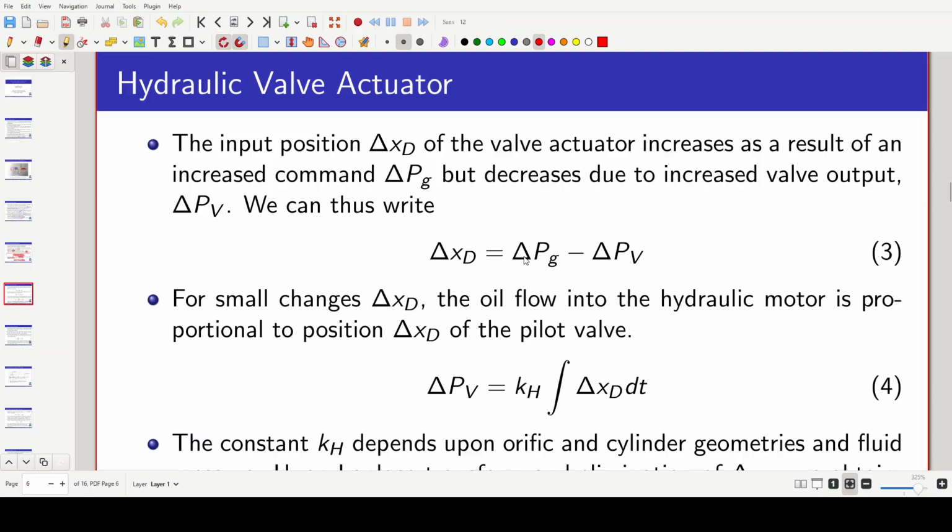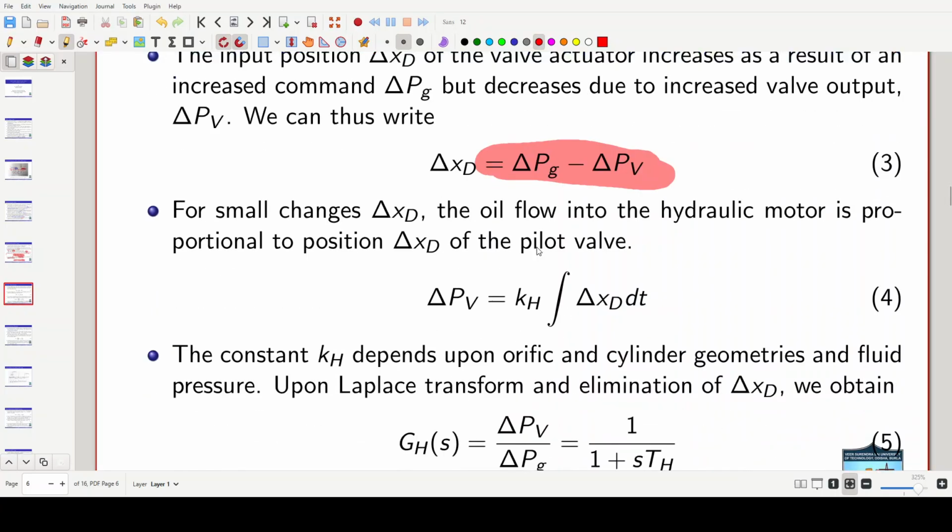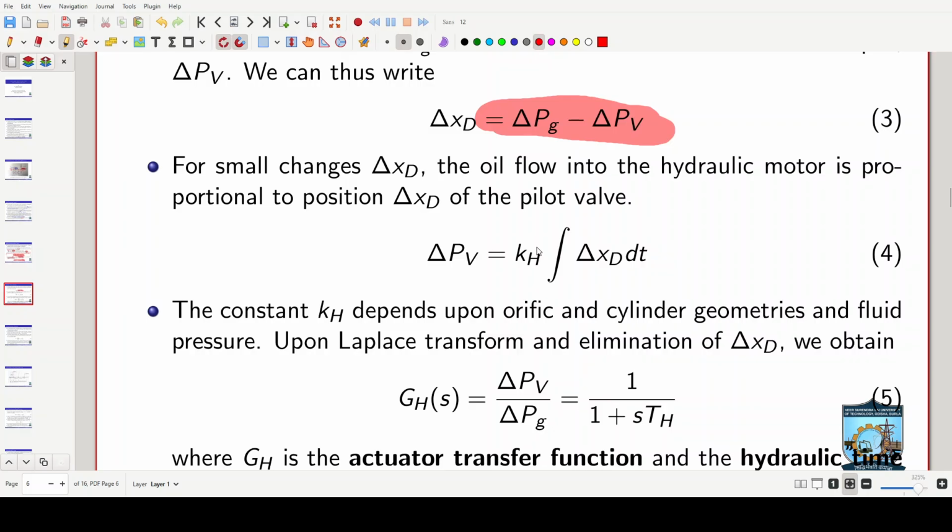Then we model the hydraulic valve actuator. As we have discussed, the final power is given by the generator power, and it is different from the valve power. If the generator power needs to increase, we need to increase the valve power, and this is represented by modeling the hydraulic amplifier, which in the Laplace domain comes out to be this.